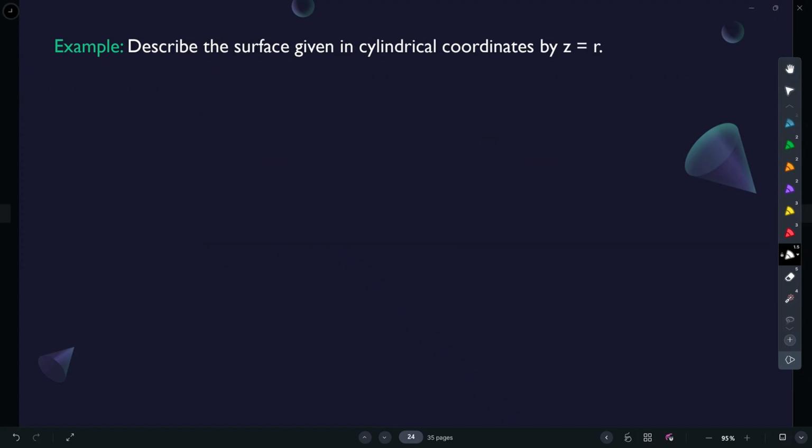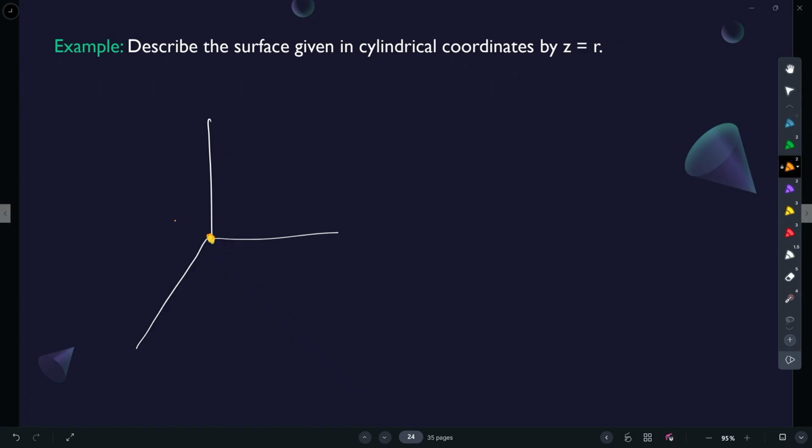Okay, let's describe now a whole surface. What is the surface given in cylindrical coordinates by z equals r? So z equals r means that if I am at any distance from the origin, the z coordinate will be the same. So if I'm here, then the point will be here because the radius is 0, so that point has z equals 0.